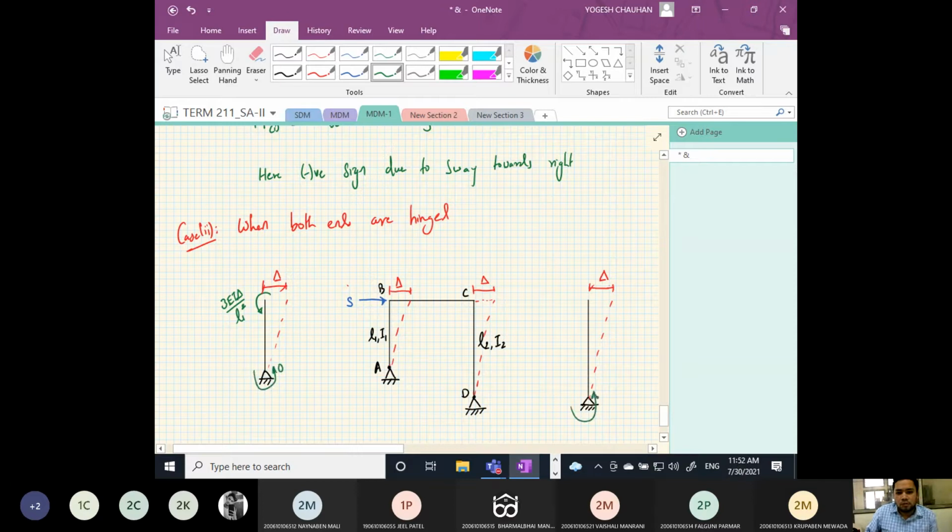Same way, moment here will be 0 and moment here will be 3EI2 delta by L2 square.